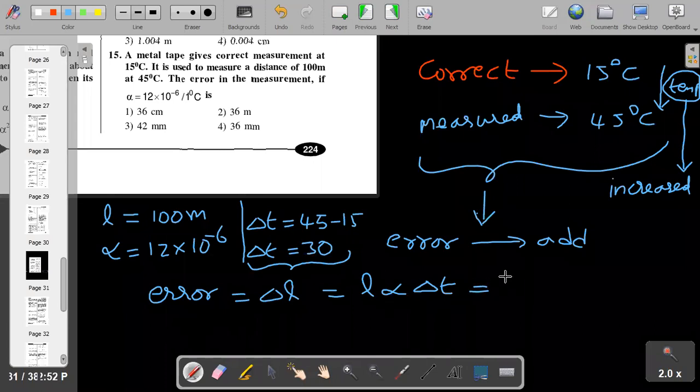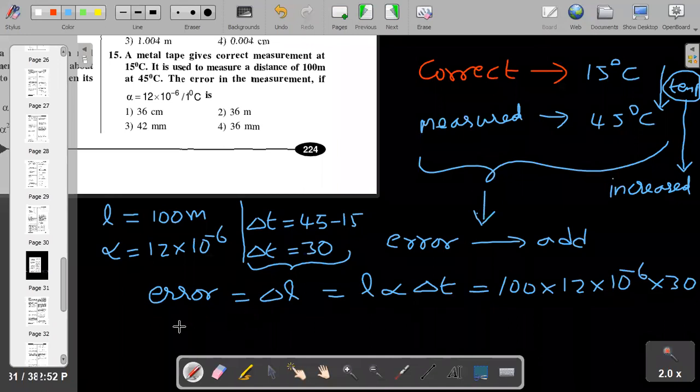Now what is the calculation here? 100 into 12 into 10 to the power minus 6 into 30. I heard in my childhood that 12 threes is 36. Have you heard it any time?